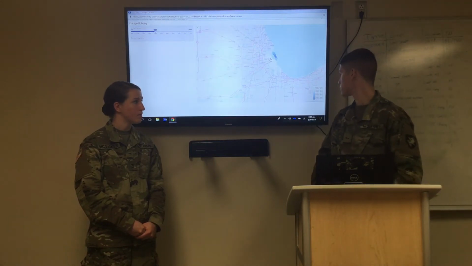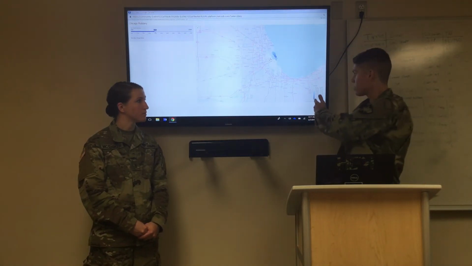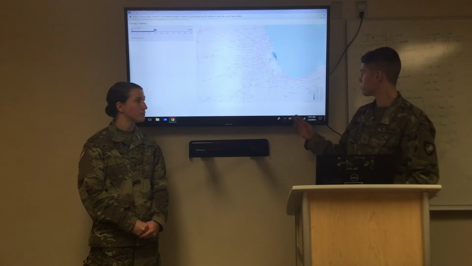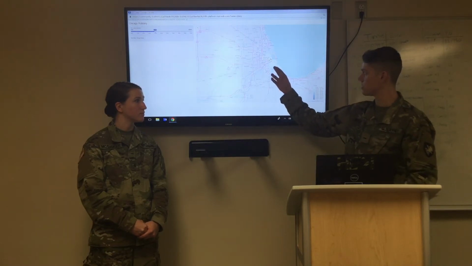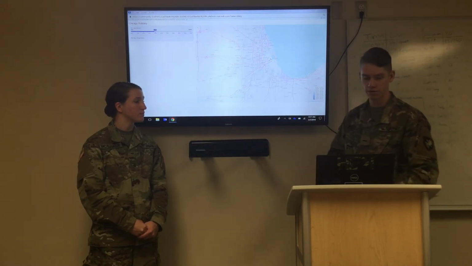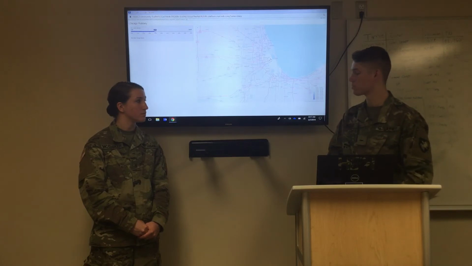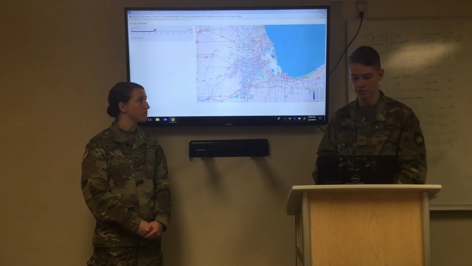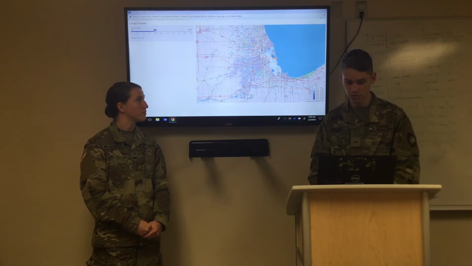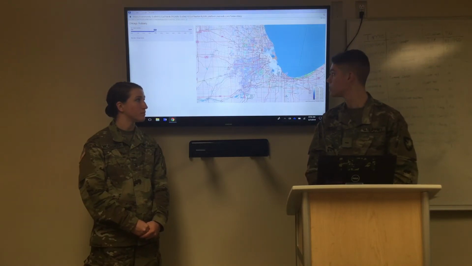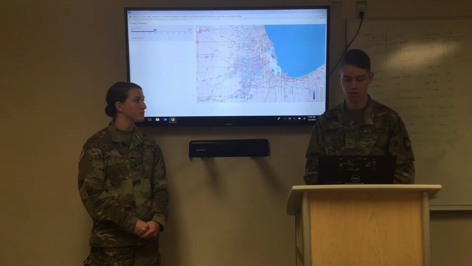But I'll explain that here in the corner we have an income gradient, which leads us to have white areas for low income, and then darker blue for higher income. And if you hover over each individual dot, you can see exactly what community it's in and the exact per capita income.